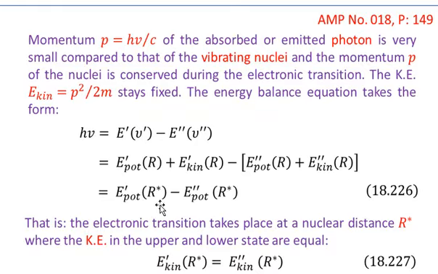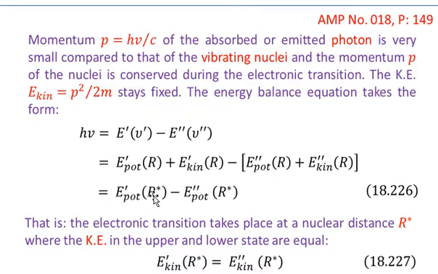Now you see that in the third step I am writing E prime potential as a function of R star minus E double prime potential as a function of R star. Because R star is the distance between the two nuclei in a molecule at which the kinetic energies become equal to each other.